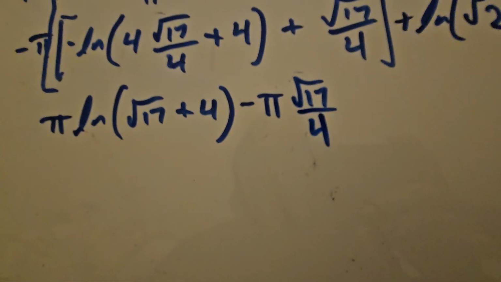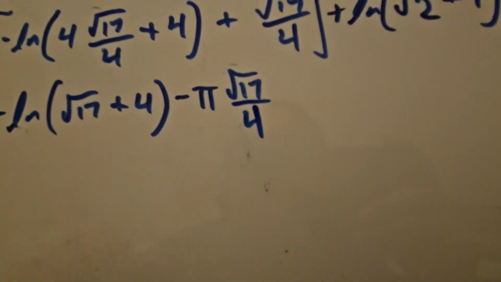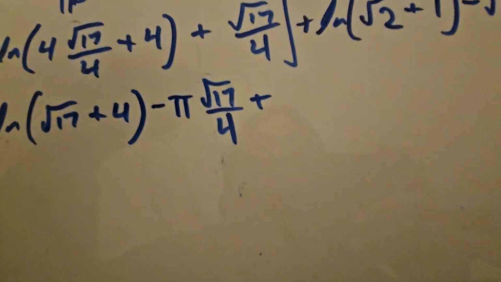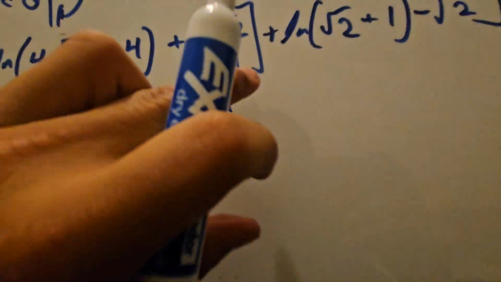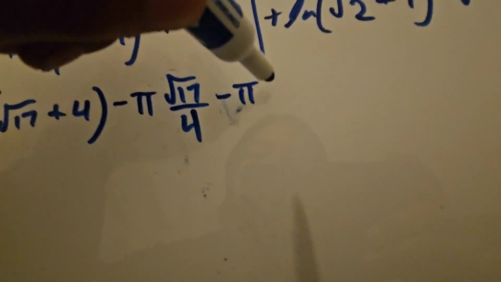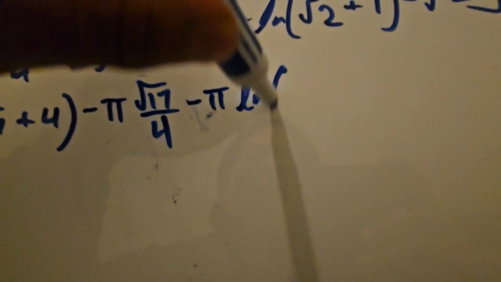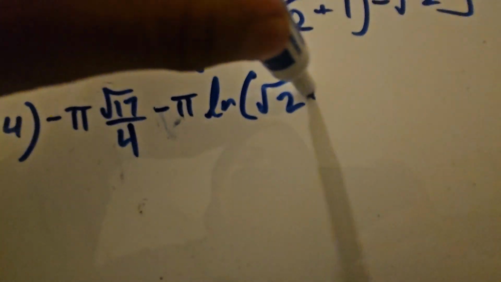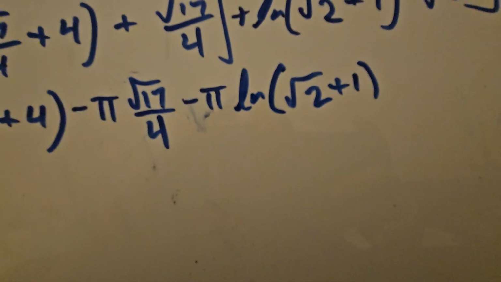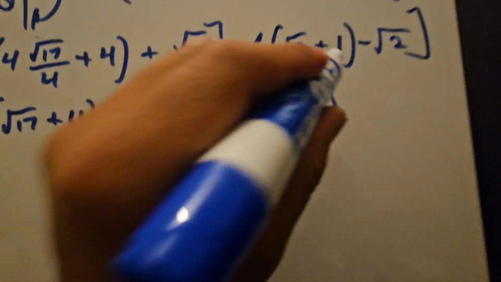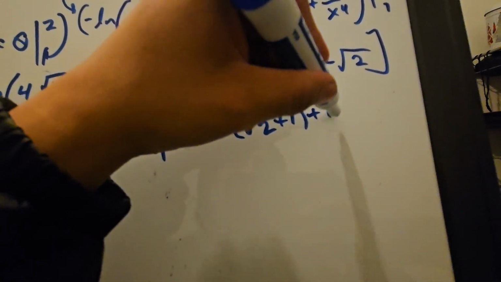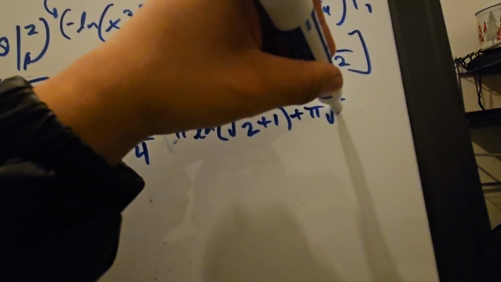Negative pi root 17 over 4. Yes. Plus, oh wait, no, that's a negative pi, I'm sorry. Negative pi ln 2 plus 1, ln plus pi negative 2.